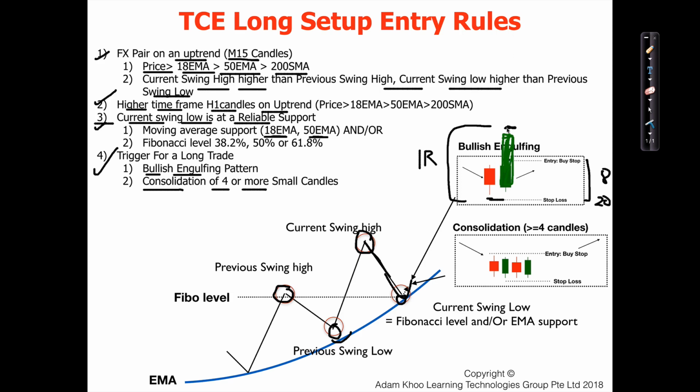So in cases like this, what do I do? Instead of placing a buy stop order above the high of the candle, I wait for the next candle to exceed the high. Remember, we want the next candle to exceed the high of the bullish pattern, so we know that it's continuing. The moment it exceeds the high, I'll then place a buy limit order at about 50% of the length of the candle.